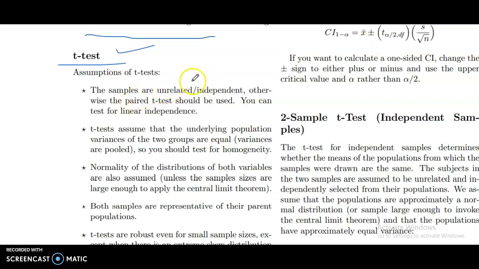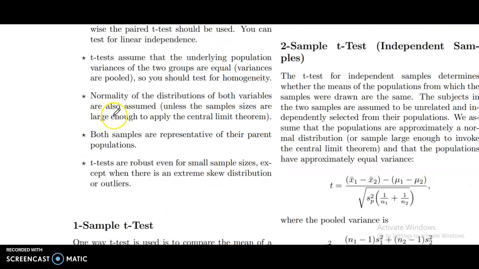The t test also assumes that the underlying population variances of the two groups are equal. Variances are pooled.